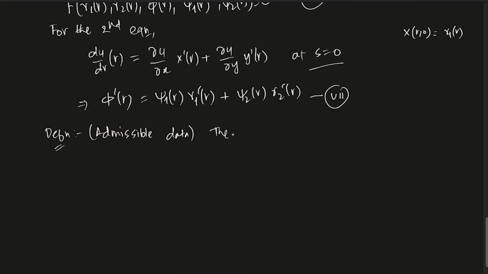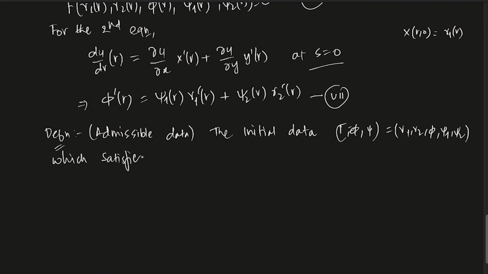The initial data gamma, phi and psi, which is given by gamma 1, gamma 2, phi, psi 1 and psi 2, which satisfies 6 and 7, is called admissible data. Clear? It's called admissible data.